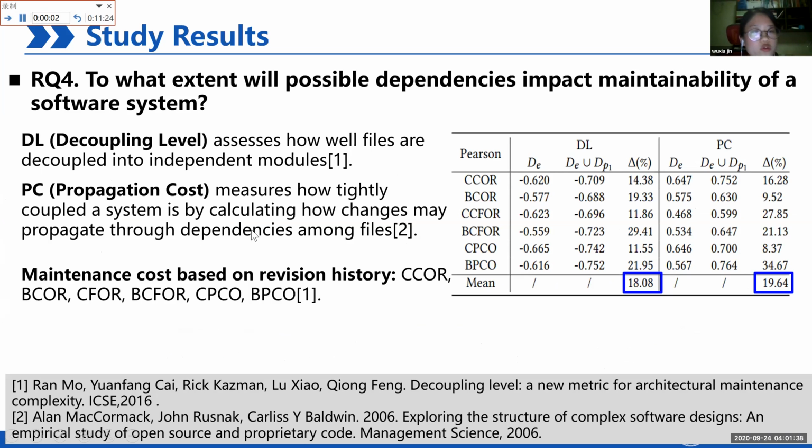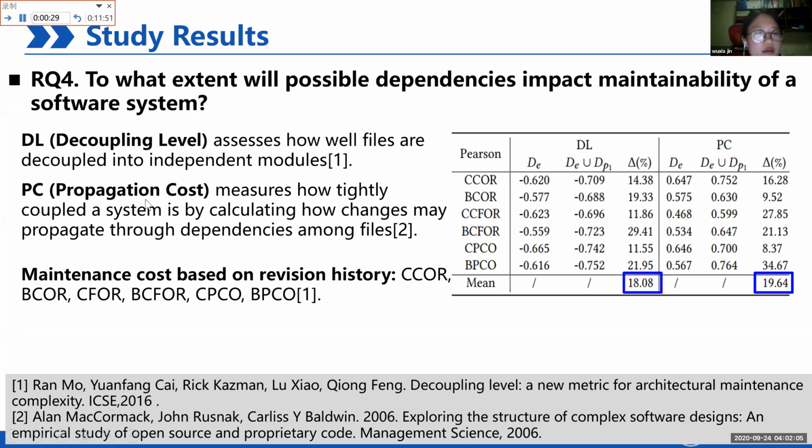Now we want to look at how the dependency-based metrics will be impacted without considering possible dependencies. We use two metrics for this study. One is decoupling level. Decoupling level assesses how well files are decoupled into independent modules.